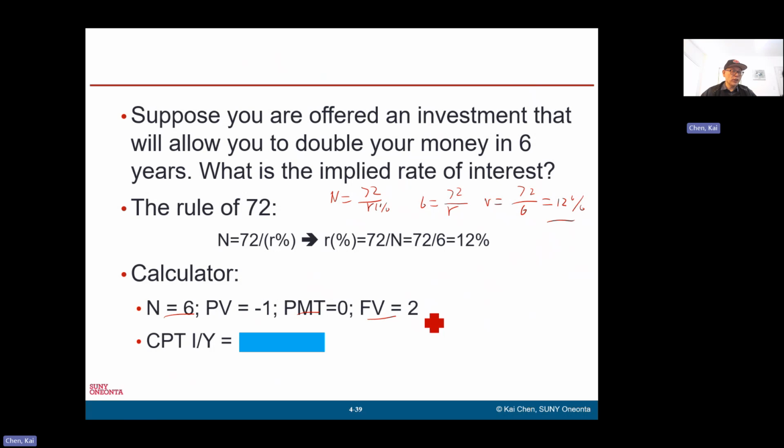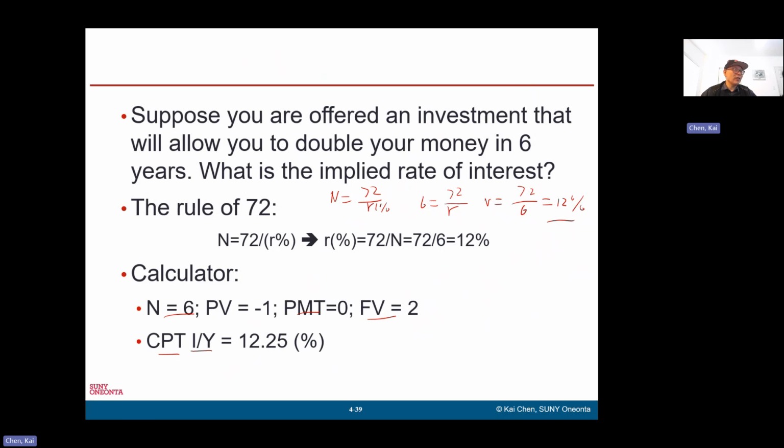You expect to receive $2 in 6 years. And then click compute, click I/Y. Of course, I/Y on your screen should be in the unit of percentage.